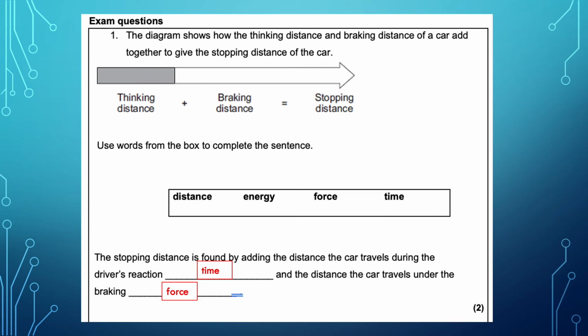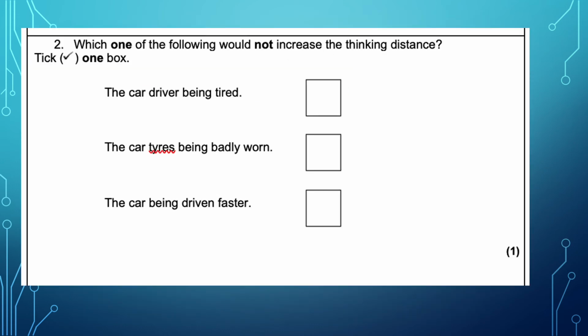Question 2. This is worth 1 point. Which one of the following would not increase the thinking distance? Tick just one box. So the car's driver is being tired, the car tires are badly worn, and the car being driven faster. So this one, very straightforward. You have the first one, which says that the car driver is being tired, and that directly affects your thinking distance.